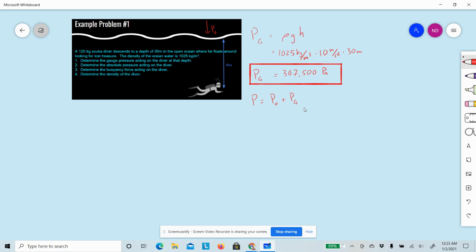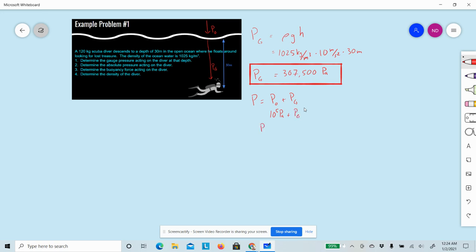There's both of those combined to make the absolute pressure. Standard atmospheric pressure is just about 10 to the 5th pascals. That's the accepted value, 10 to the 5th pascals, or 100,000, plus our gauge pressure of 307,500.